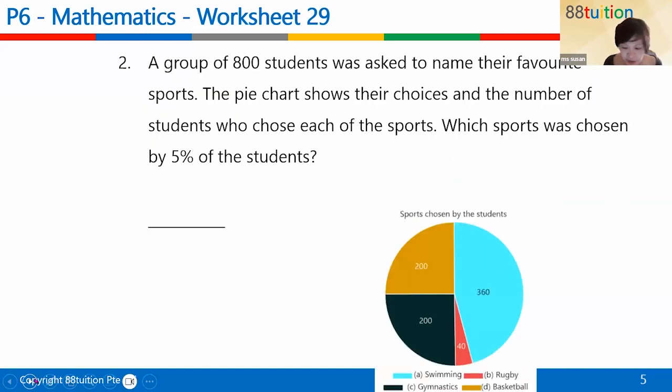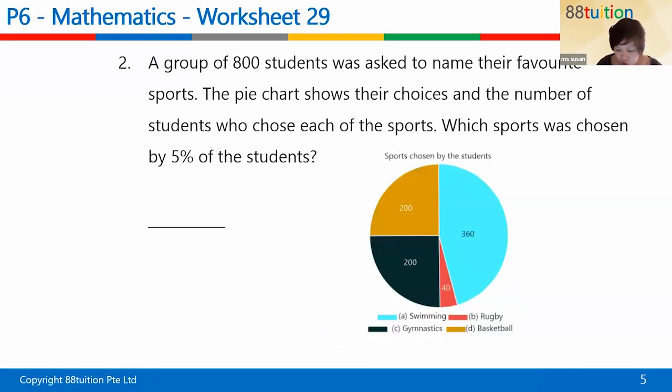All right. A group of 800 students were asked to name their favorite sports. The pie chart showed their choices, and the number of students who chose each is represented by the different colors. Which one is the 5%? Actually, to be very obvious, the 5% is the smallest among all. So you can put rugby straight away, don't even need to do any working. But for those who want to be sure, you have to add all up.